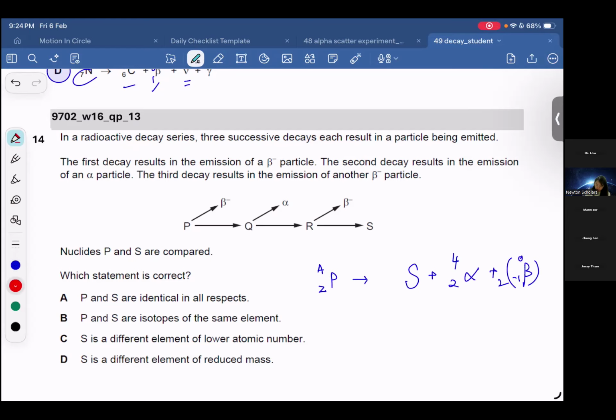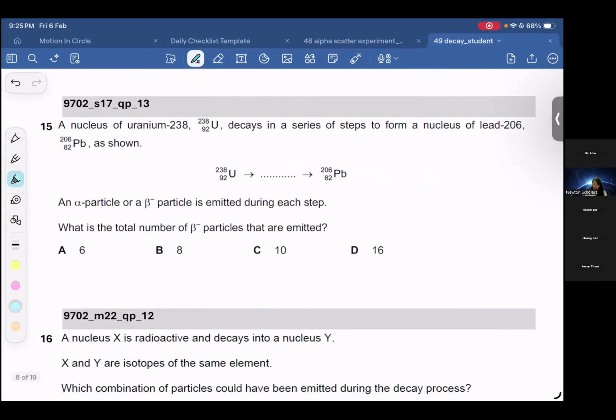Vashini, yes. Final here 4. So this one is A minus 4. This one is 2 minus 2, so this one doesn't change. This one is similar to what we did just now. This one should be isotope. Okay, B, isotope. We go to question number 15. Do your calculation.